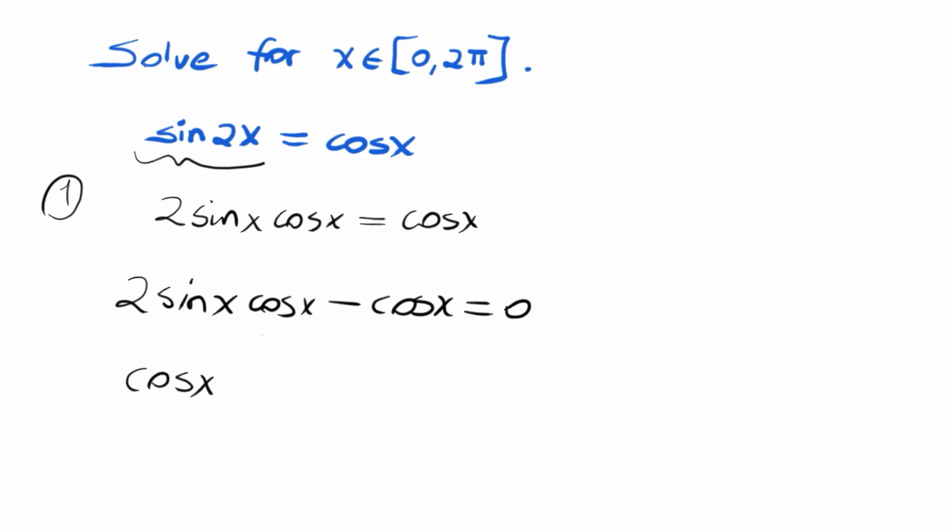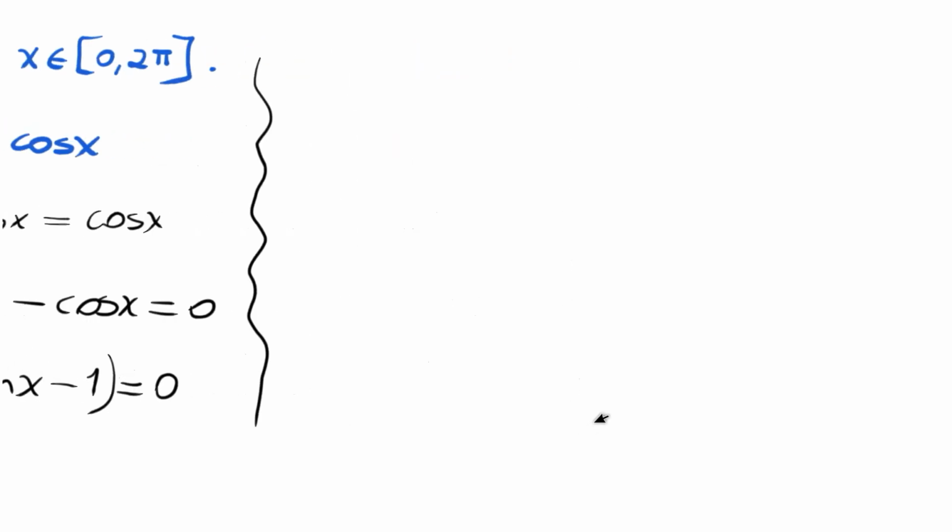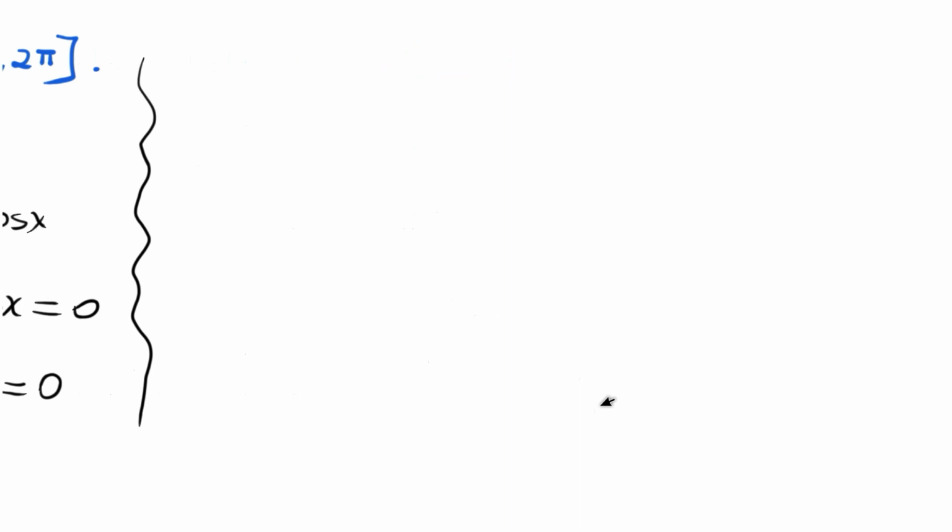Just take out this cos x and write 2 sine x minus 1 is equal to 0. Now let's see whether this cosine x is 0 or this 2 times sine x minus 1 is equal to 0.